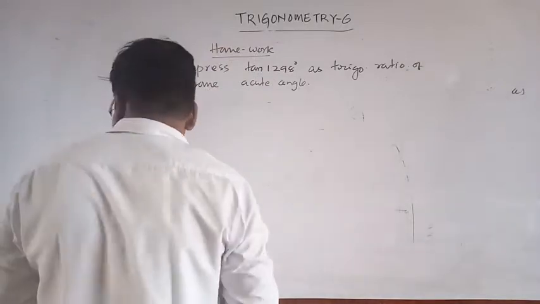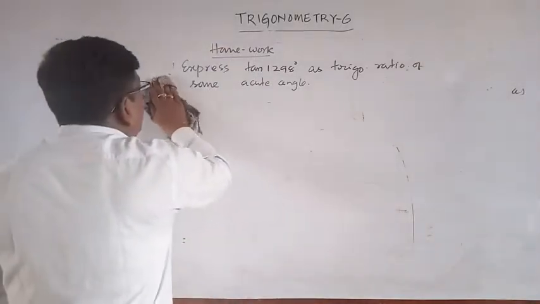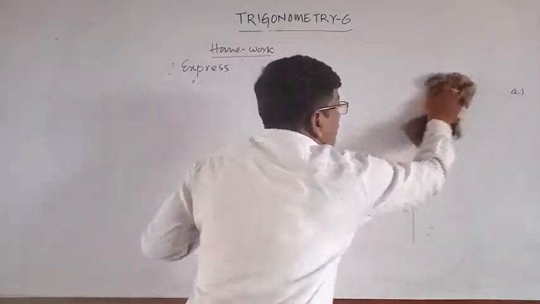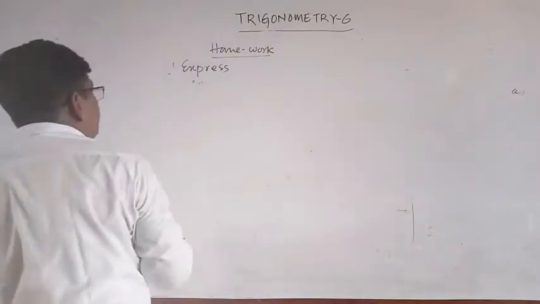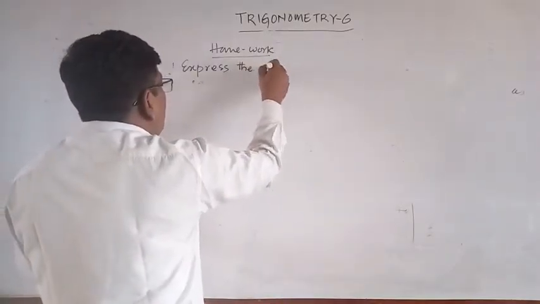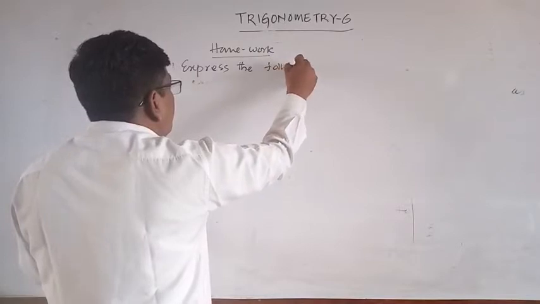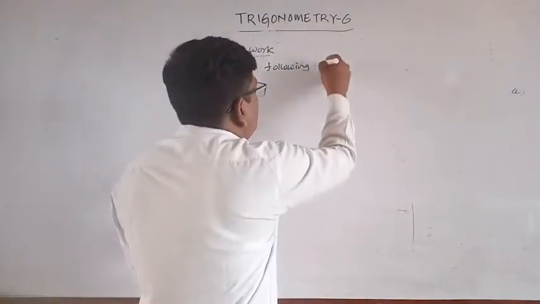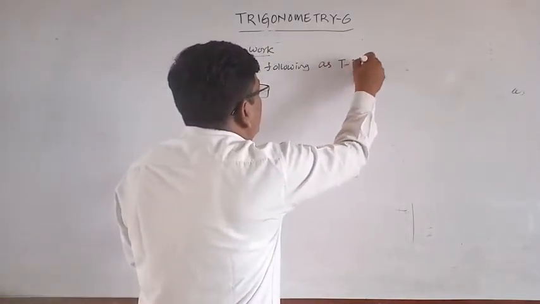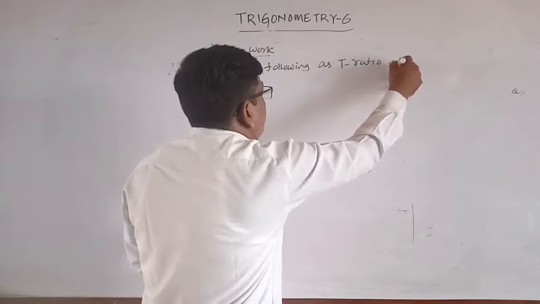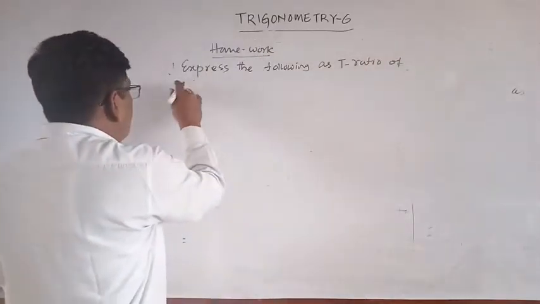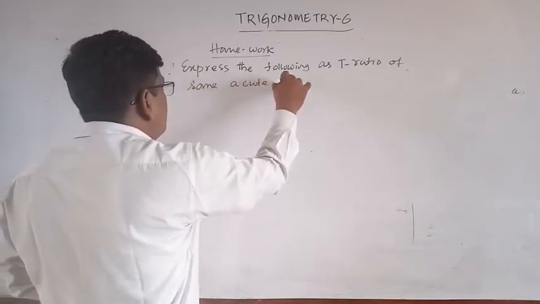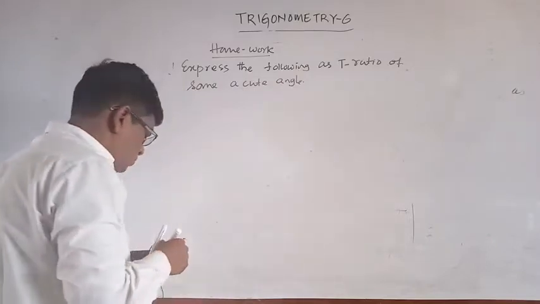Express the following as trigonometric ratio of some acute angle. As T ratio means trigonometric ratio of some acute angle. Now the questions are what?